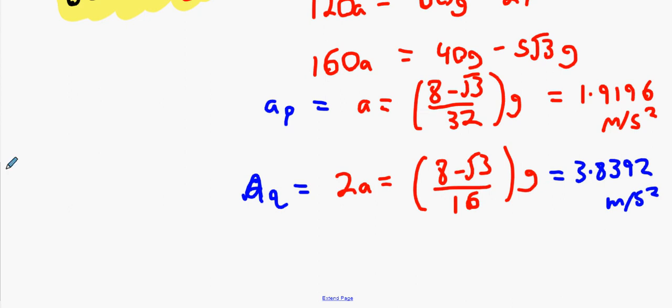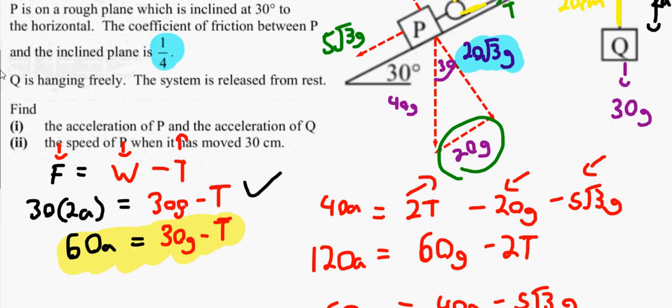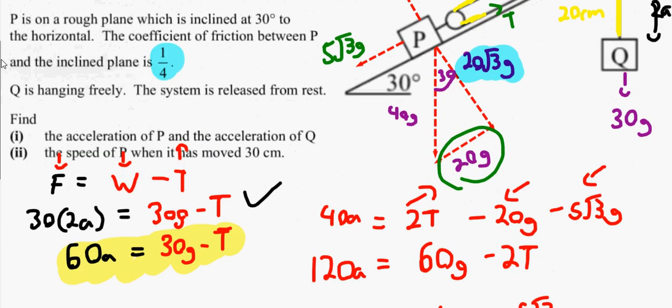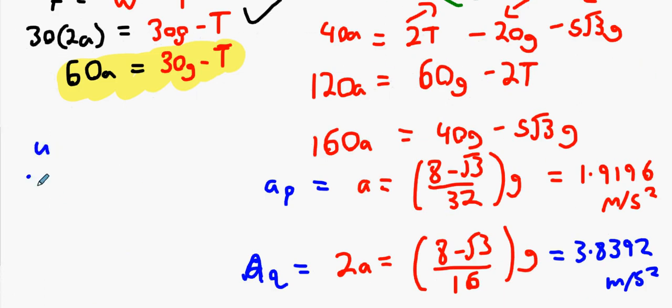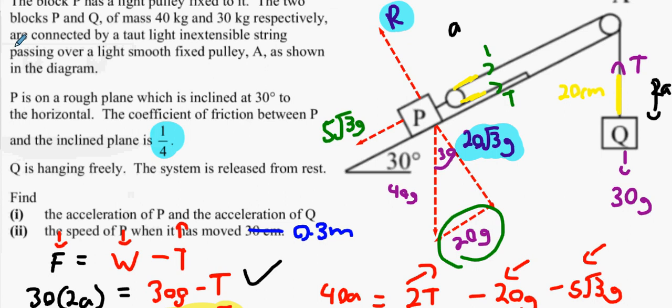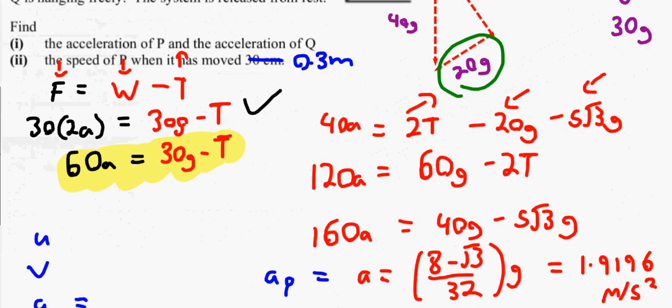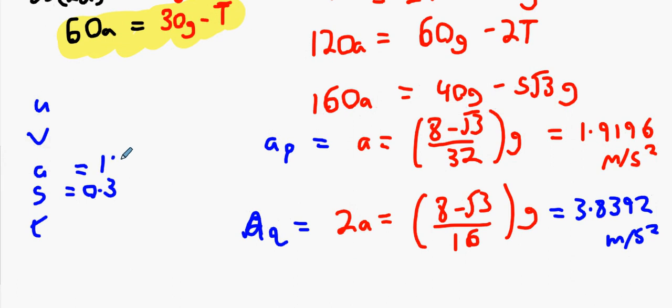Okay, what does it want from us next? The speed of P when it has moved 30 centimeters. 30 centimeters is 0.3 of a meter. So we're going to go for SUVAT. s is 0.3. Which one's P again? The one with acceleration a. So 1.9196. u is 0. v squared equals u squared plus 2as. Go with that? Alright.